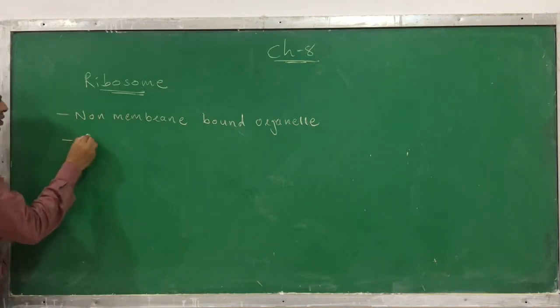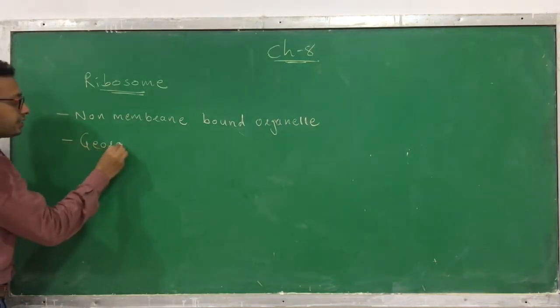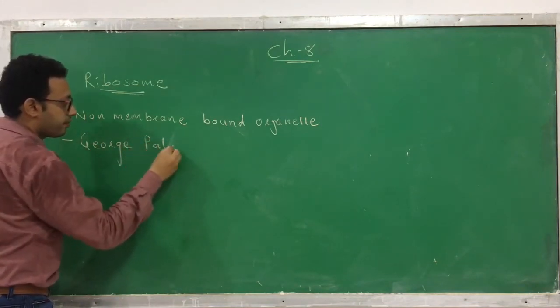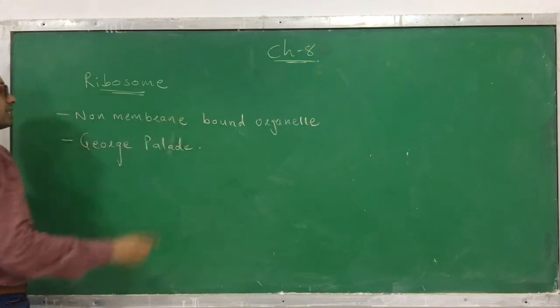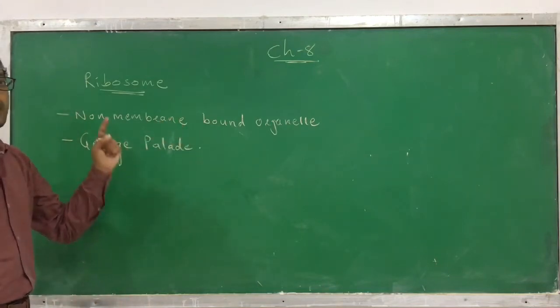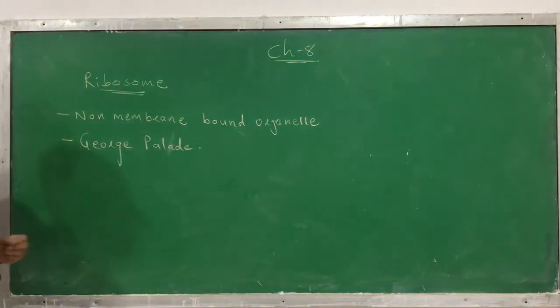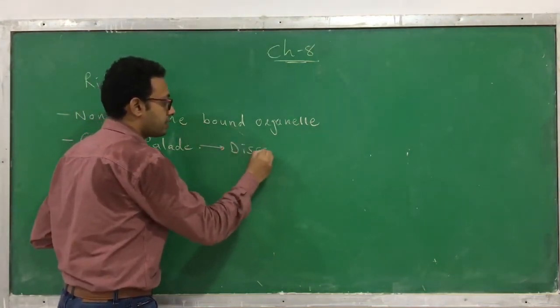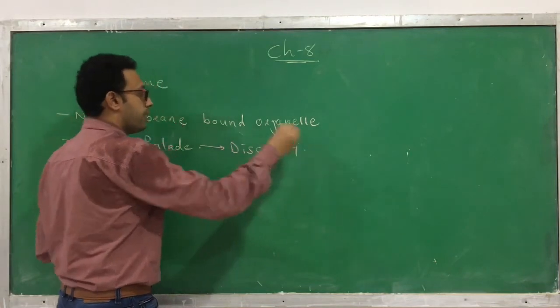The ribosome was discovered by a scientist called George Palade. So the discovery of the ribosome was done by George Palade.